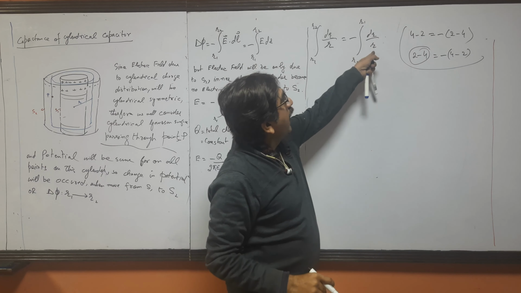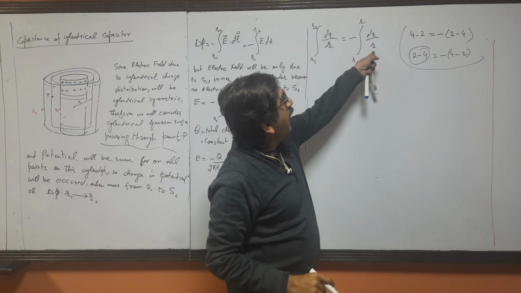If there is no power on the denominator, and in the numerator there is a dr, then the integral of 1 over r dr is equal to log of r. You have to remember this.